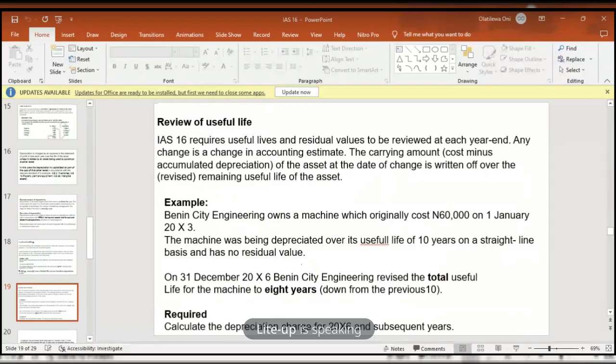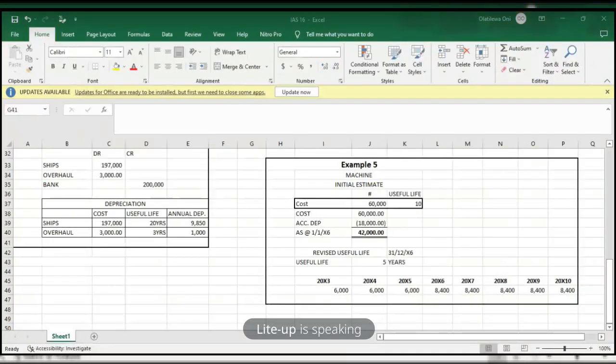For the first 3 years, the depreciation was charged on 6,000 naira. Subsequently, after the 3 years, the depreciation is now charged based on the 5 years remaining. That was the last example we treated yesterday.